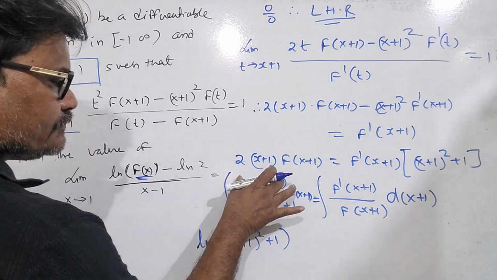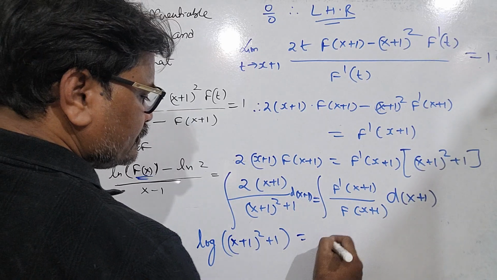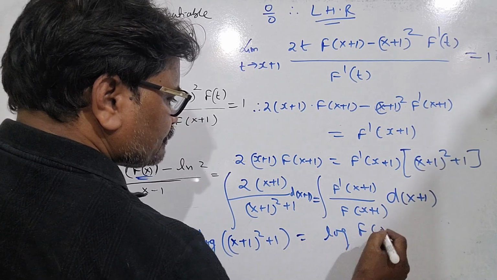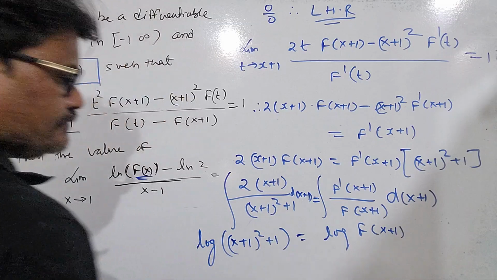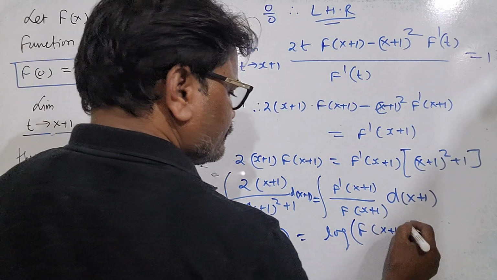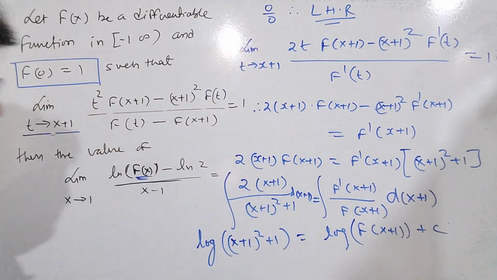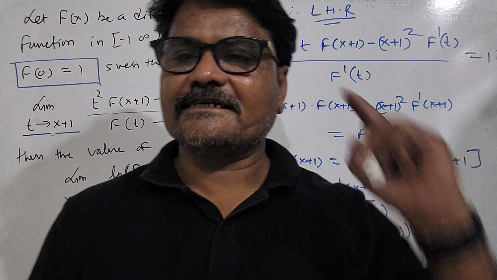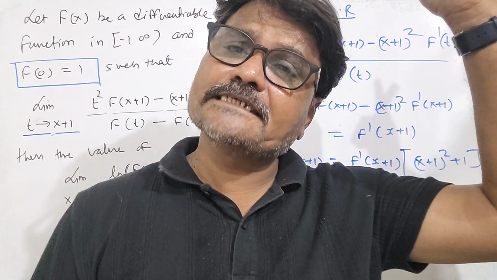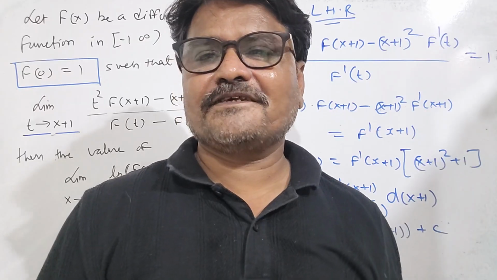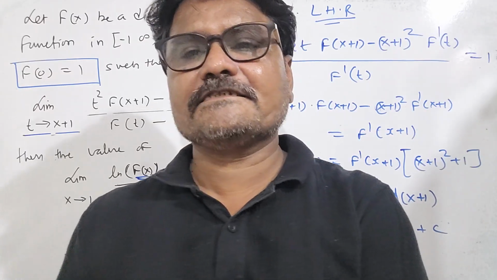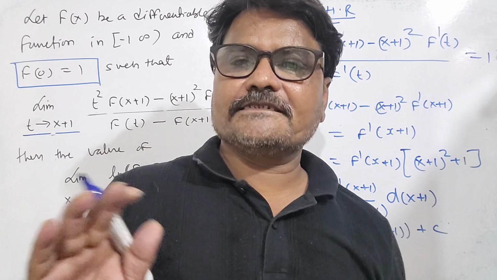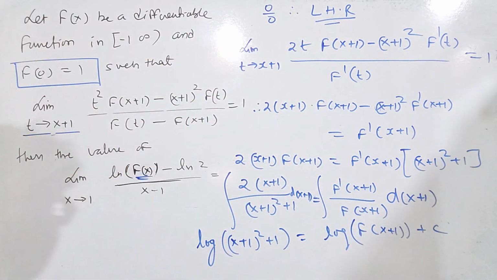Differentiation of this one is this one. Here also the same thing, log of f of (x+1), plus c. Got it? Otherwise I will replace x plus 1 in the last step. If I get f of (x+1) as something, then I can get f of x by replacing x plus 1 by x. Fine.